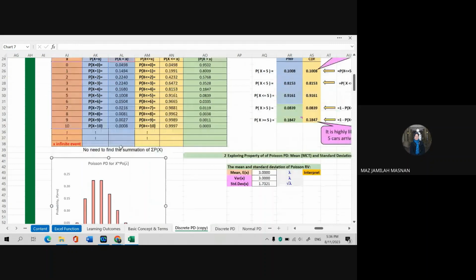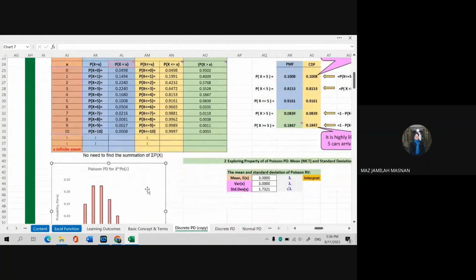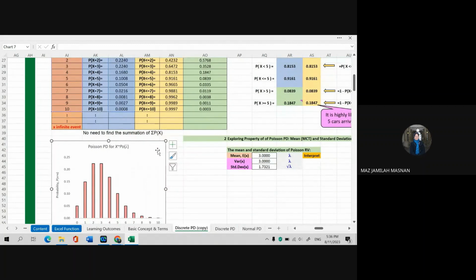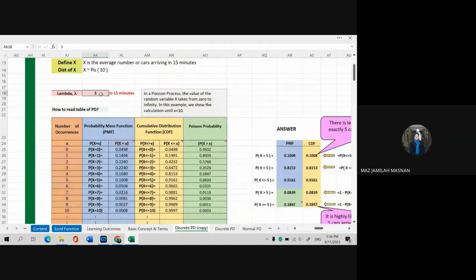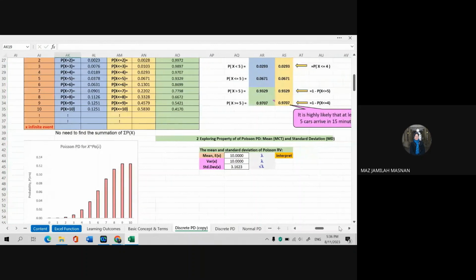So that's how you can interpret from the given number of occurrences or number of successes using the probability mass function, and you can have a look at the charts. And let me change back to 10, the original problem that we have. From this, if you are interpreting your measure of central tendency and measure of dispersion, for the measure of central tendency, the mean is the lambda value, so it is equal to 10.